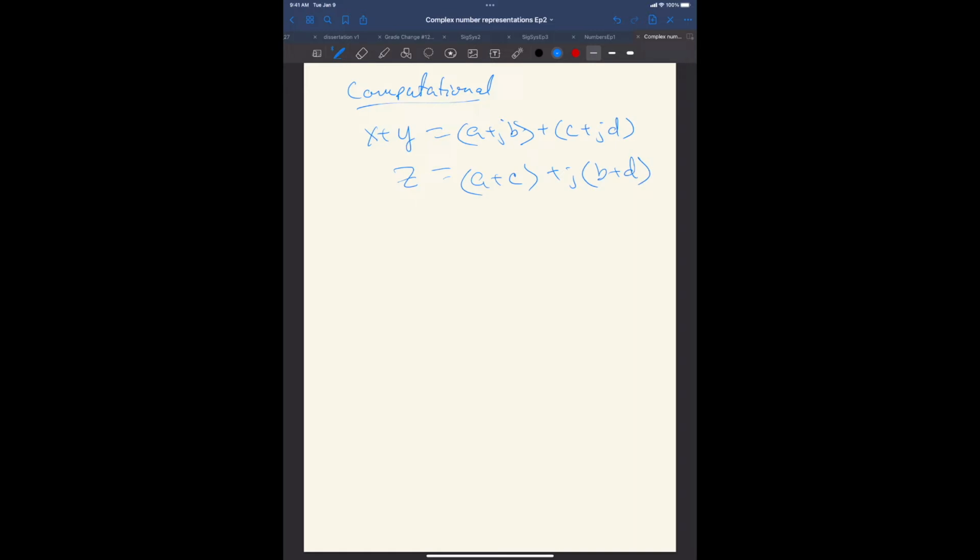If it's x minus y, then the only thing that changes is that I would have a minus c and b minus d in the form. So let's write that. Right?